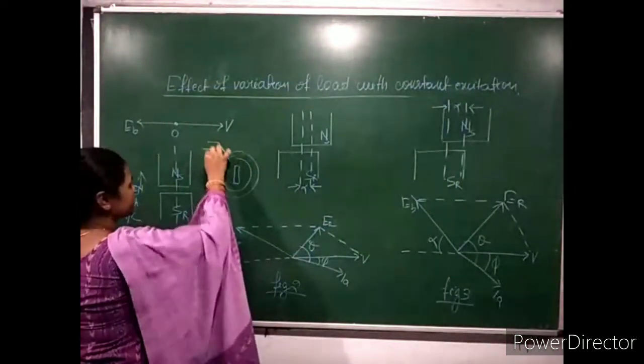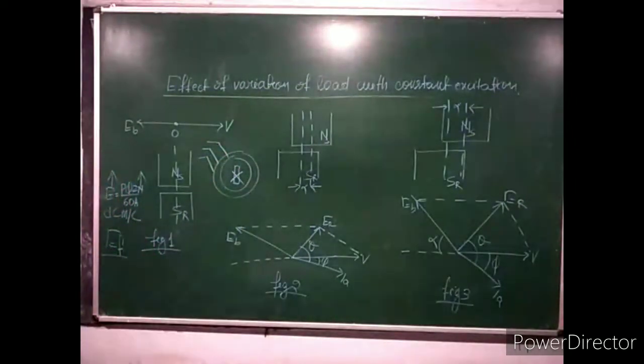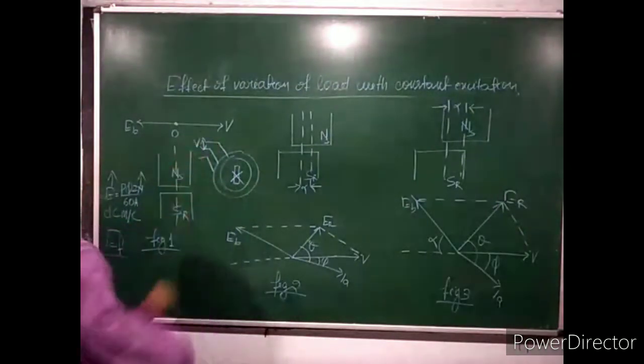When three-phase AC supply is given to the stator and the rotor is unexcited, then the stator pole and rotor pole are magnetically locked and they rotate synchronously, and this EMF, which is produced due to the field excitation, is in the same phase and magnitude as the supply voltage V. Okay.